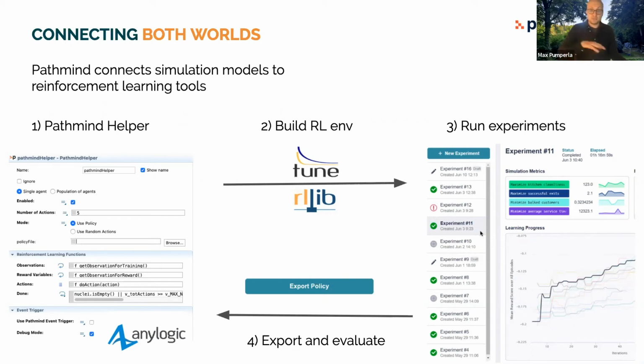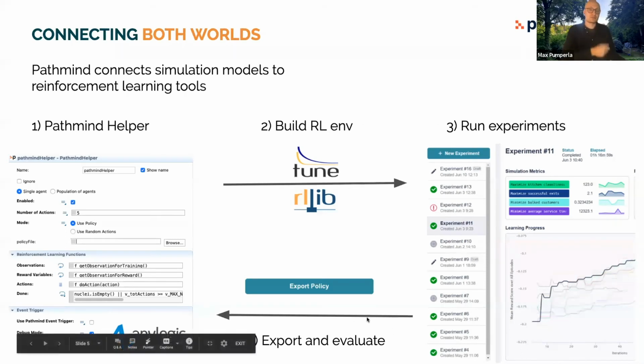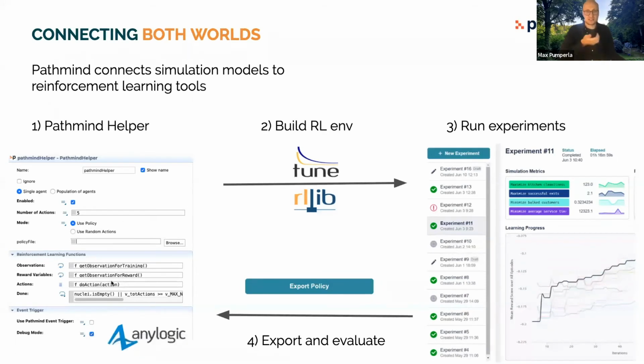And then once you're happy with the results and all the reward curves are as you want them to be, you can re-export, if you will, the resulting policy and plug it back into your AnyLogic model. And from there, you can use all the niceties that AnyLogic comes with. For instance, run Monte Carlo simulations against a baseline that you have previously defined, and so on and so on, right?